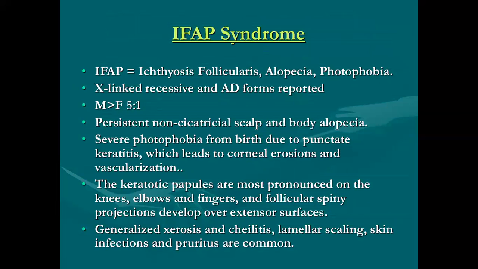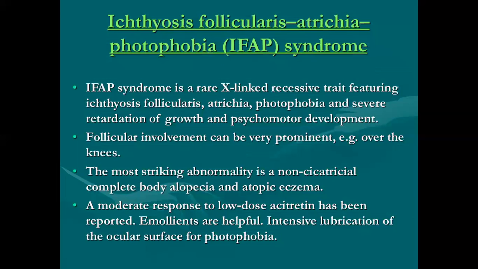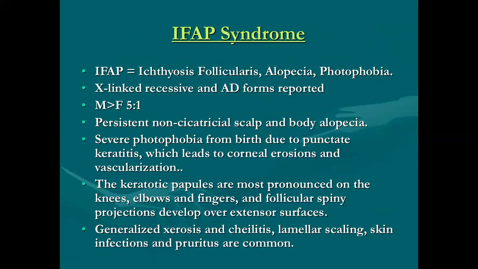The fourth syndrome here is BIFID, which is again ichthyosis follicularis with alopecia and photophobia. So these features are also seen in ichthyosis follicularis-atrichia-photophobia syndrome. But this syndrome is different from the previous one because it does not have any psychomotor or growth retardation.